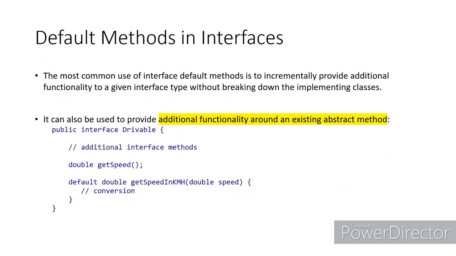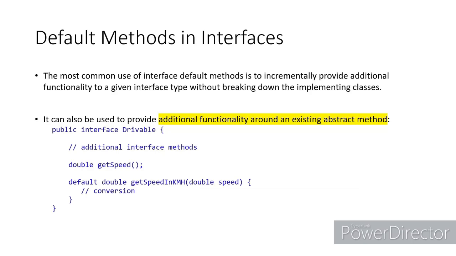So that is the advantage, that the most common use of an interface default method is to incrementally provide additional functionality. Today in my interface there are only 2 methods, but tomorrow, say after my first rollout of my application, suppose I get feedback from the client, and based on that I decide to add some new functionality to my interface, then I can easily add new functionality to it, incrementally, without breaking existing code.